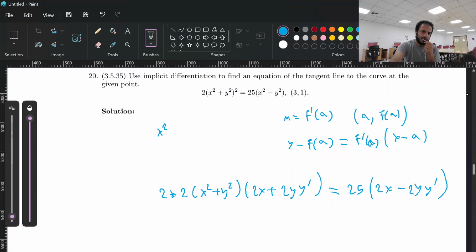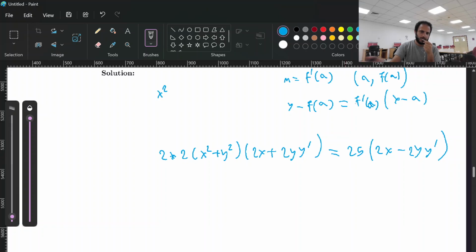Next we can divide both sides by 2, right? Because when you divide, the 2 cancels. But you divide only one of the factors, not everything.